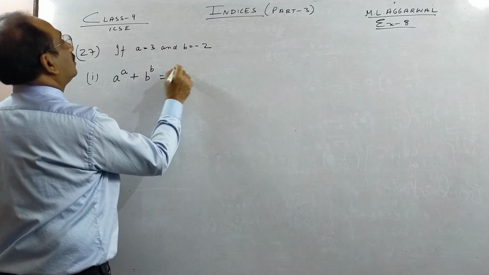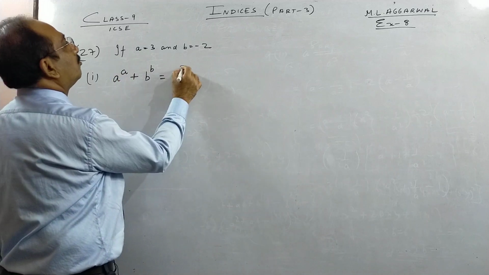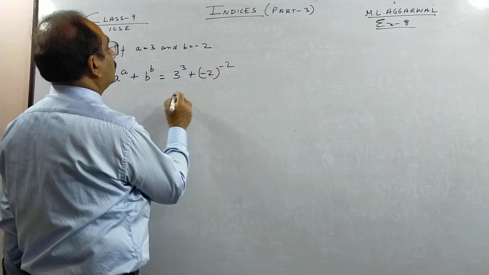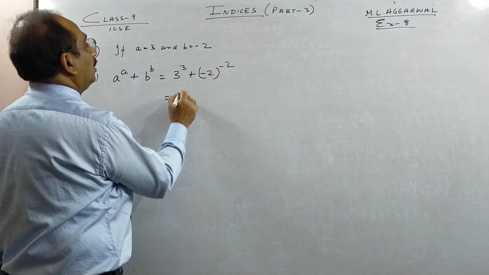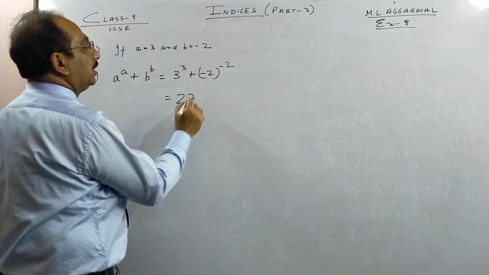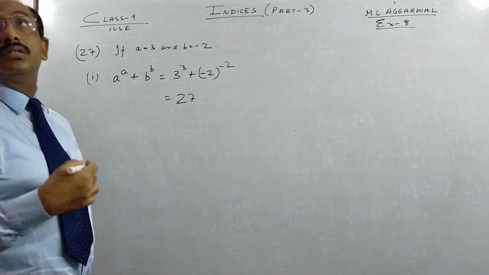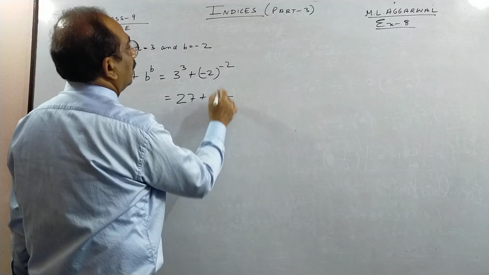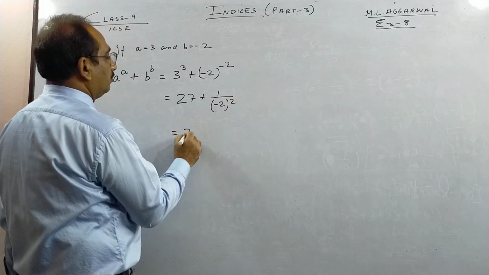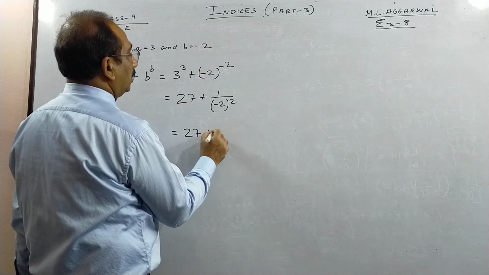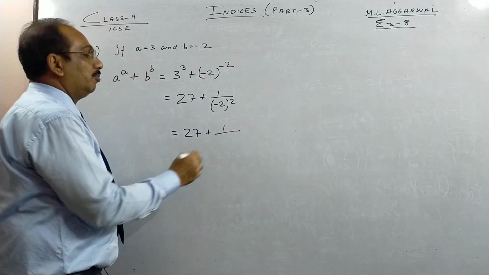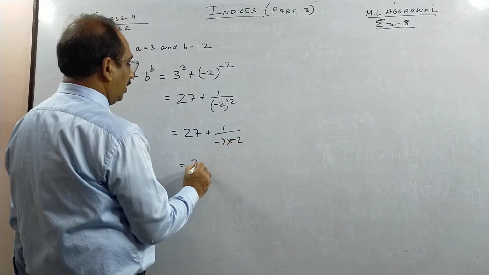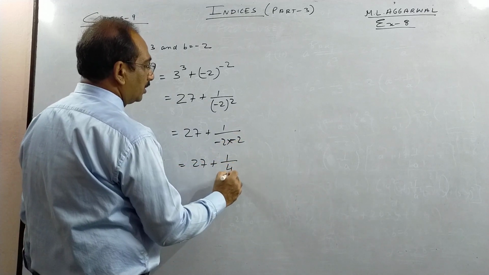So a is 3, so 3 to the power 3 plus -2 to the power -2. How do we solve? 3 cube is 27, 3 3s are 9, 3 9s are 27. And if you know, children, negative power becomes positive in the denominator, and -2 into -2 will become +4.